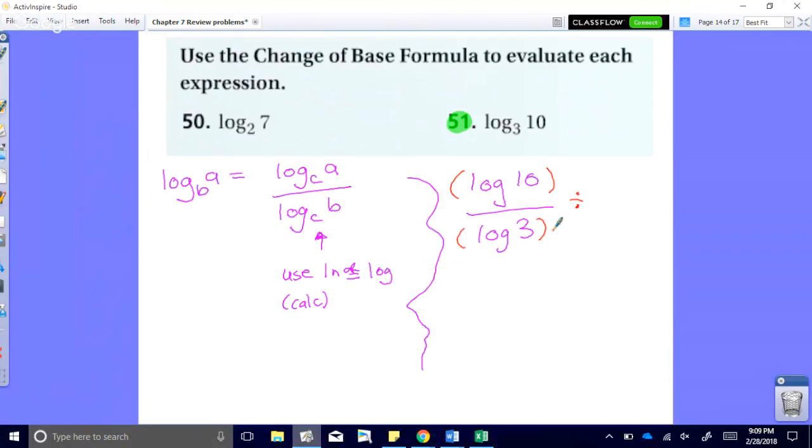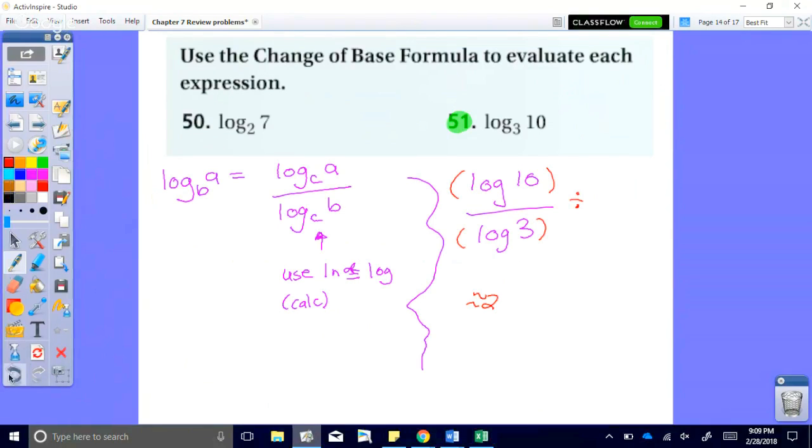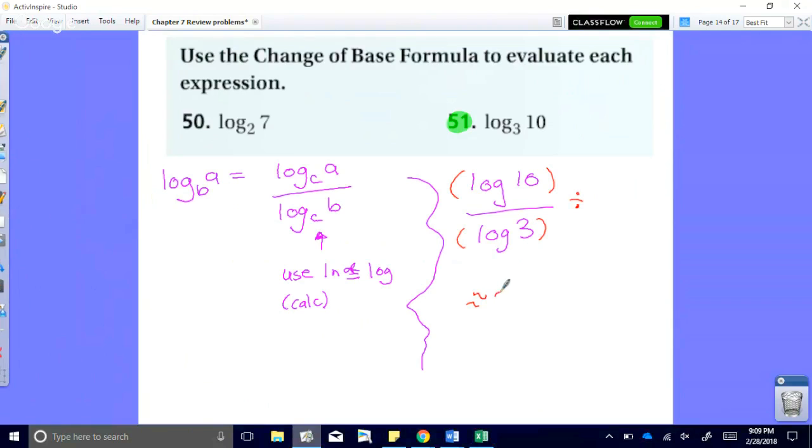So like 10 log divided by parentheses 3 log, close parentheses, hit enter, and I get approximately 2.096.